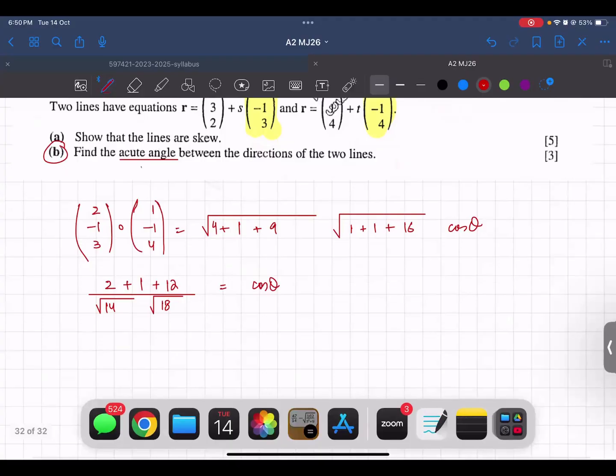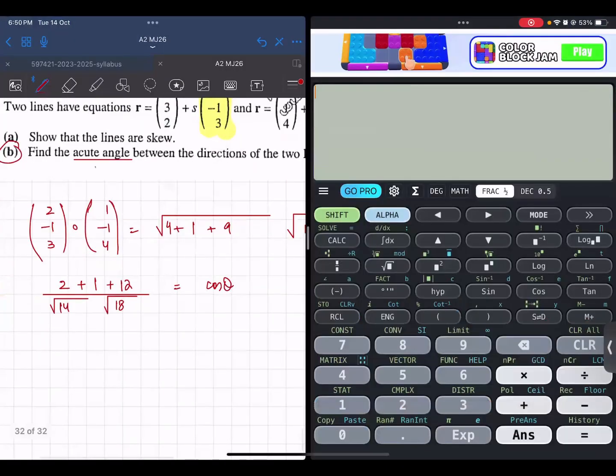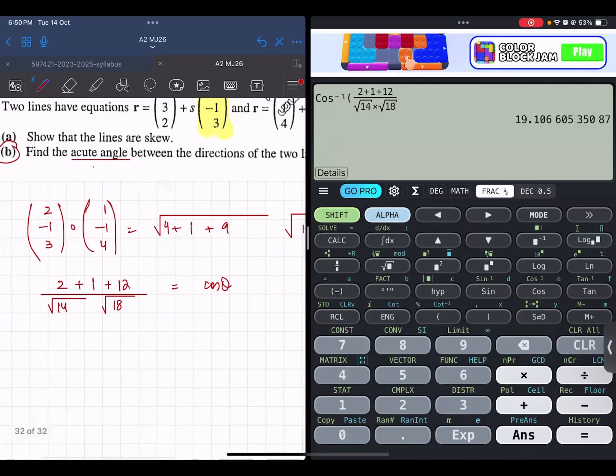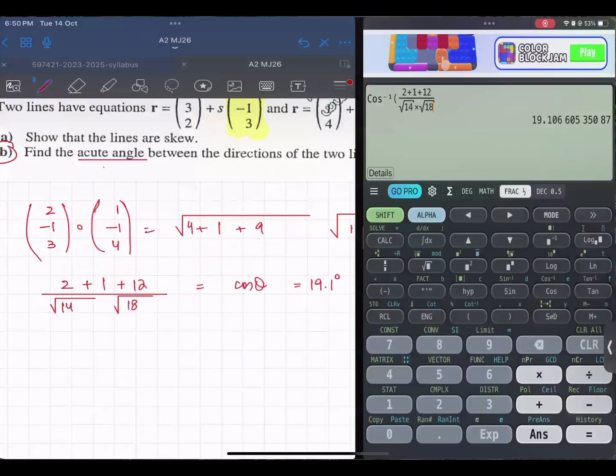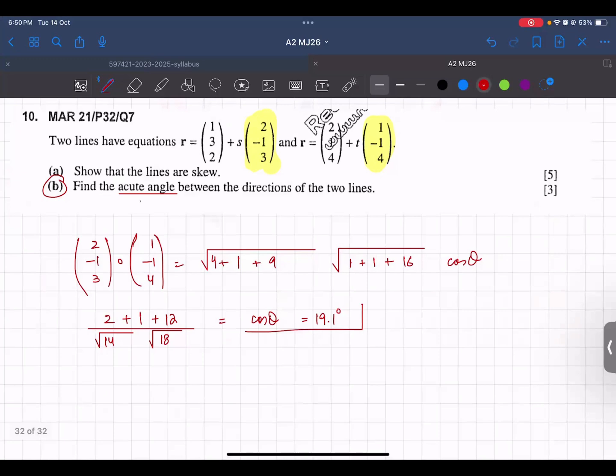So use a calculator. Cos inverse of (2 plus 1 plus 12) upon root 14 times root 18. So 19.1. This is coming out as acute, so leave it be. This is your answer. 3 marks. That's it. Easy 3 marks.